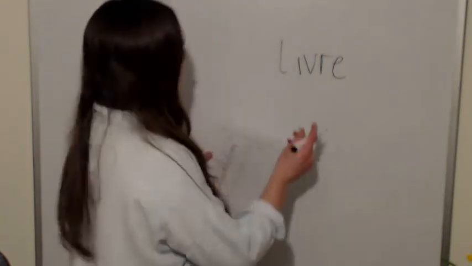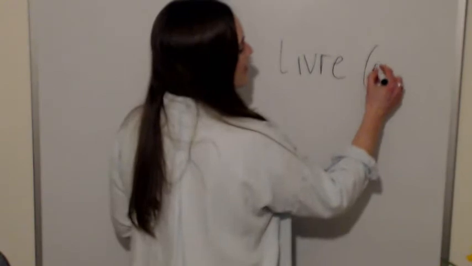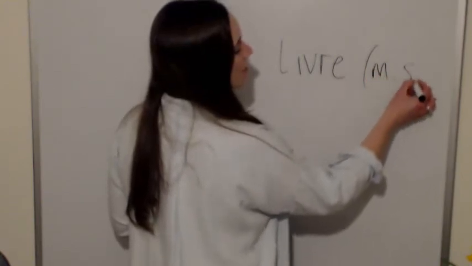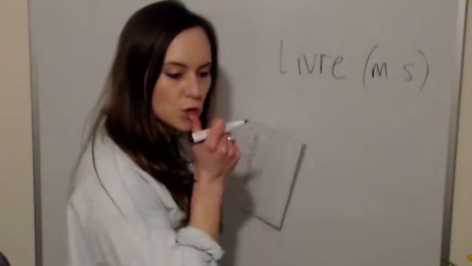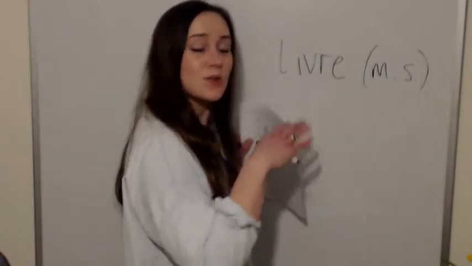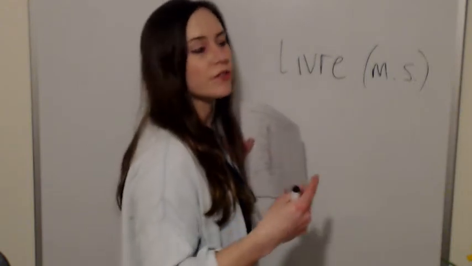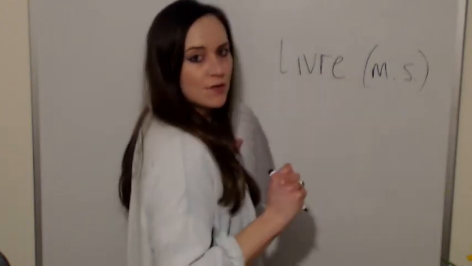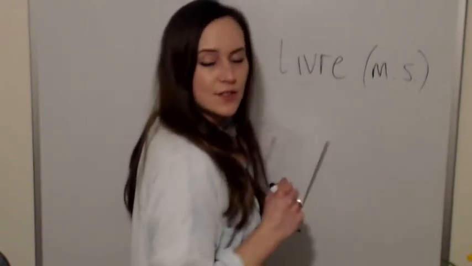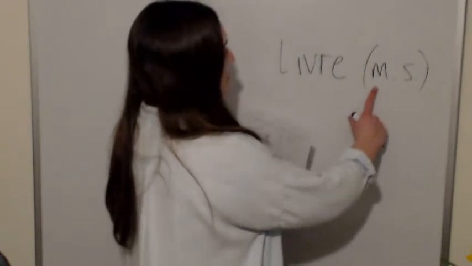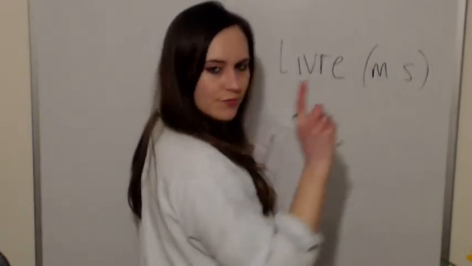So the abbreviations thus, M and S. You might find this in dictionaries or your language resources, and you'll certainly see it in my classes or any other classes that you go to learn French. M stands for masculine, masculin. S stands for singular, singulier. So it's a masculine singular noun.